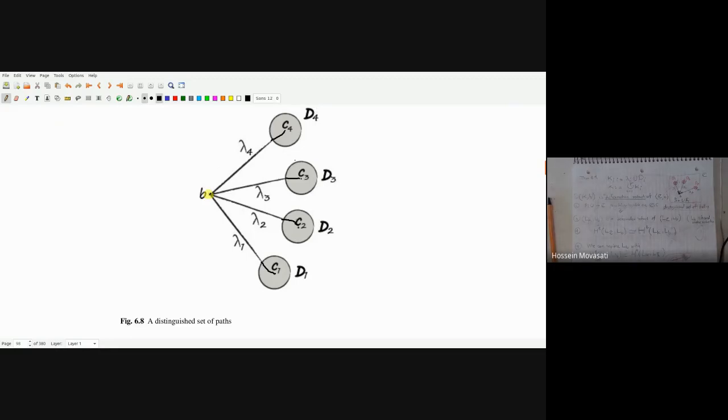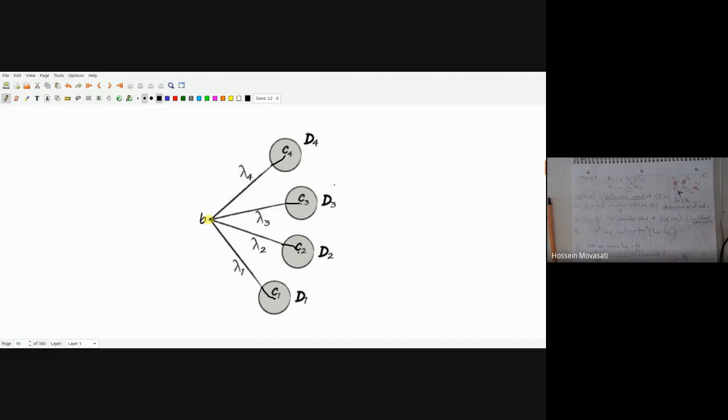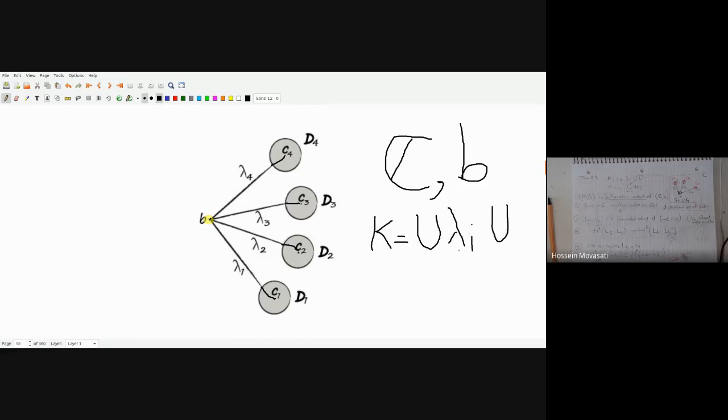Okay, so once we do this picture, the first observation is that the whole complex domain together with the point B can be retracted to this picture, fixing point B. So let's say that I will put K equal to the union of all these lambda i and the union. I switch between the notion of path and its image.